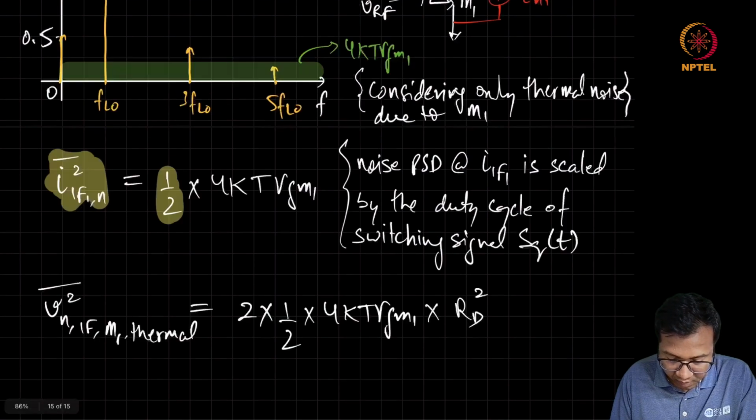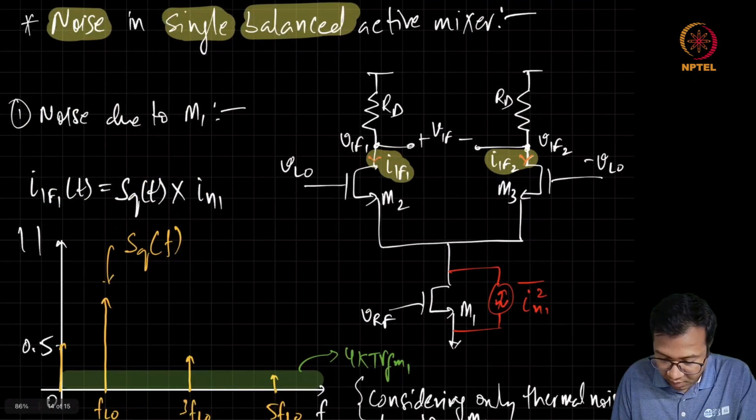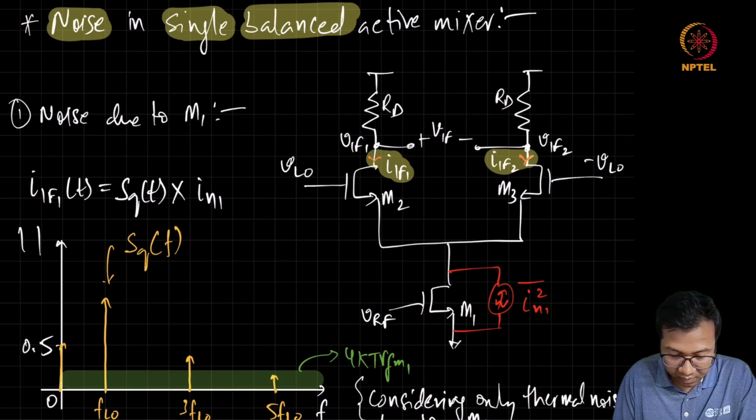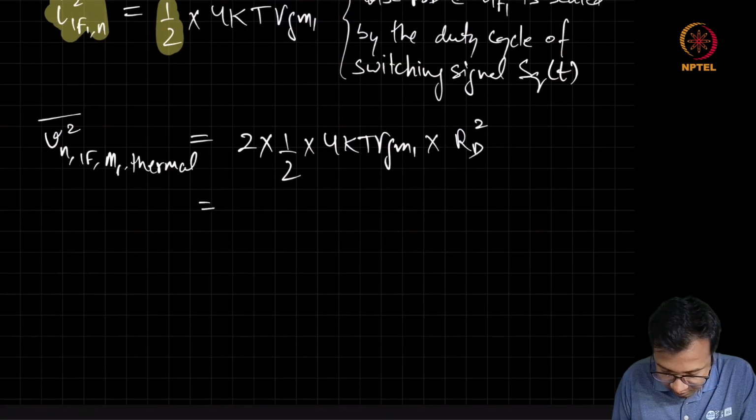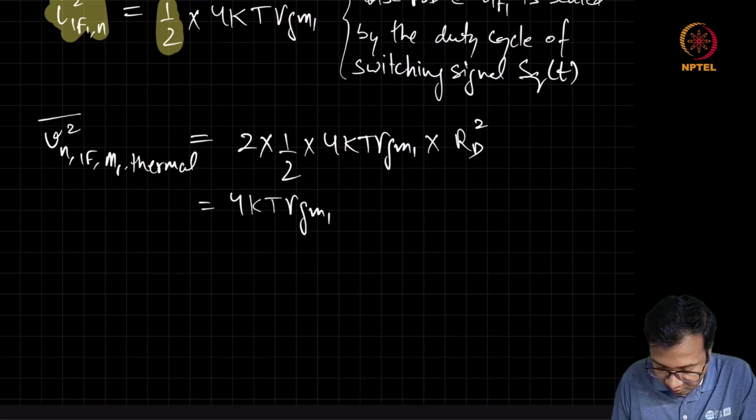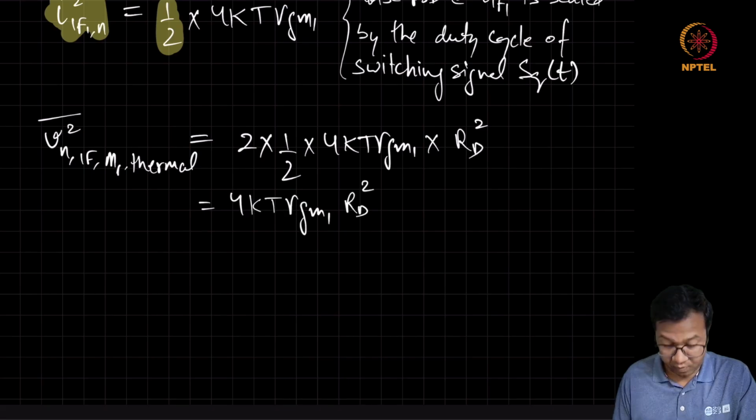And if you look at the output, you also have the noise due to this RD. So we can add this noise anyway on top of it separately. So we get this as 4kT gamma GM1 RD square.